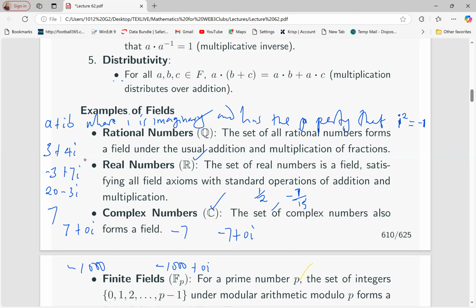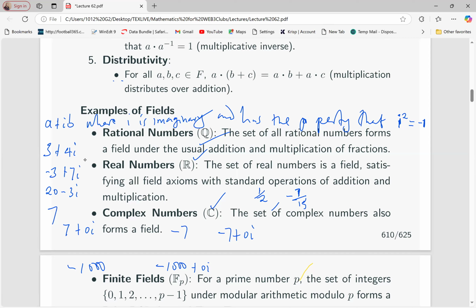So therefore, complex numbers are bigger than the real numbers and they're bigger than the rational numbers because all the rational numbers are contained inside these complex numbers. What I mean is all the fractions you know are complex numbers, whether negative or positive.